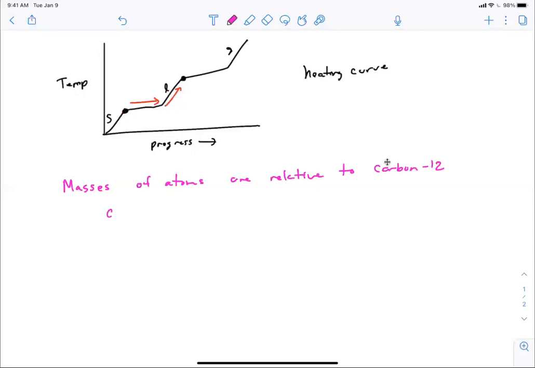This is where the idea of the atomic mass unit occurs, where it's 1/12 of a carbon-12 atom, because a carbon-12 atom has 6 protons and 6 neutrons. Scientists said, whatever the mass of that is, we're going to call that one mass unit. Even though protons and neutrons are slightly different, the generalization is pretty effective here.